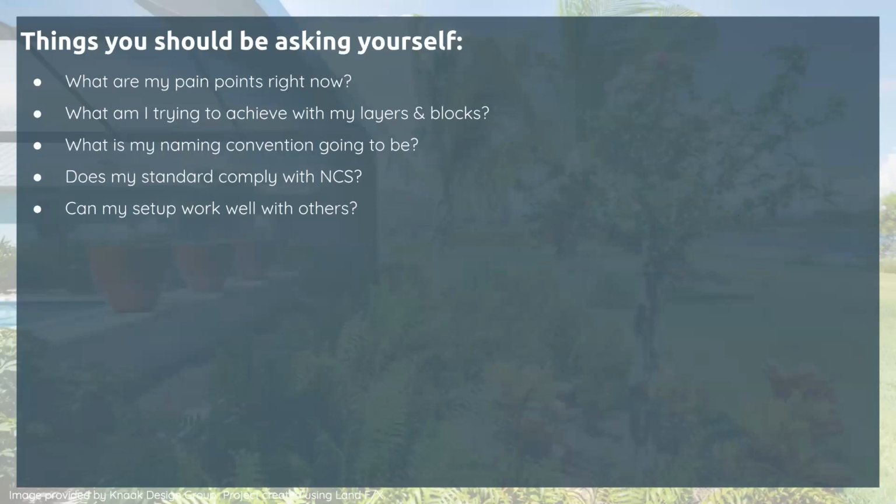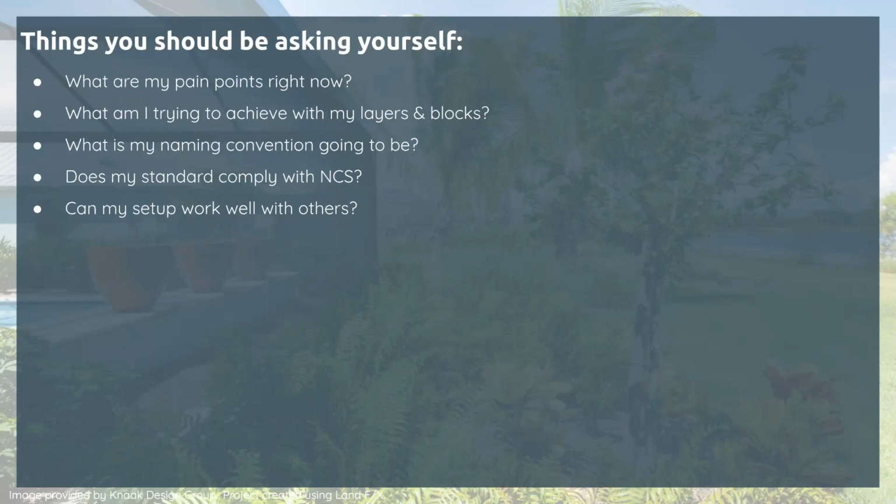Or if you've got it in place, maybe to kind of think or restructure what you got going on. The pain points that I'm talking about really are the things that you don't like doing, or you find maybe should be done a little bit faster or could be done faster.